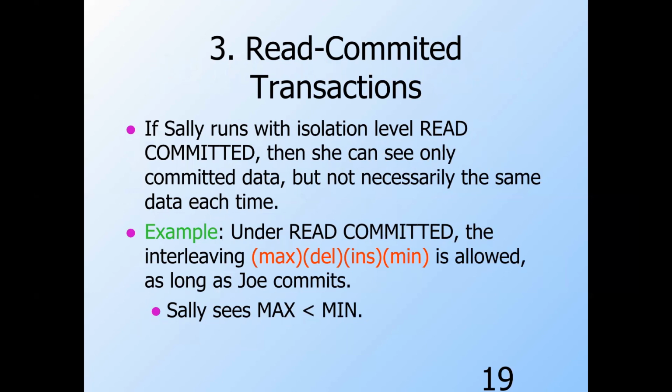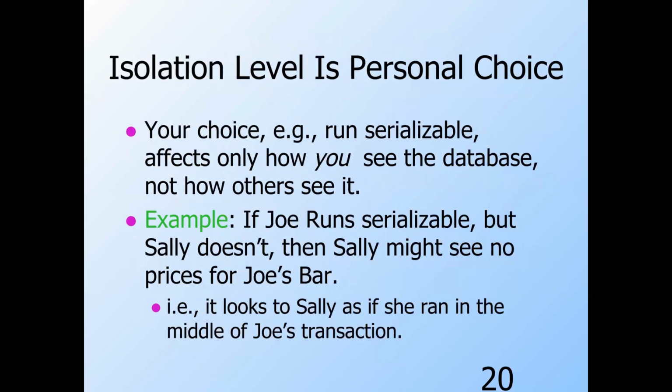Now, the thing about read committed: let's say that all of our transactions are running under read committed. I start my transaction, I read the value of X, and it equals 10.